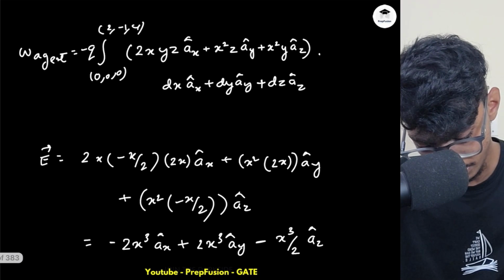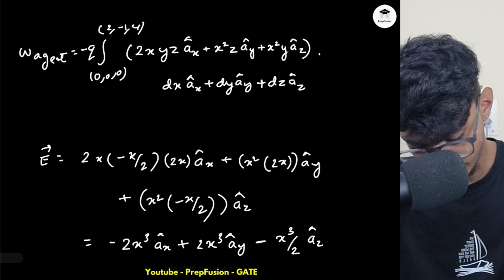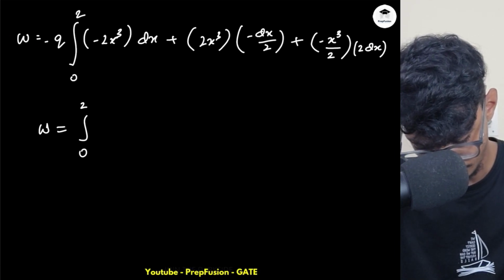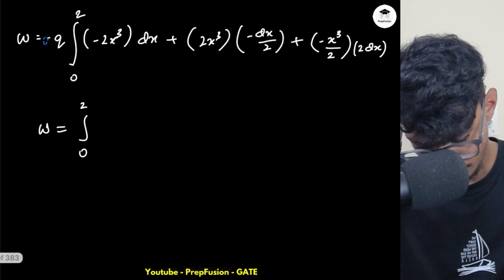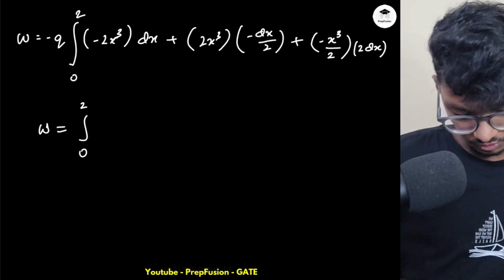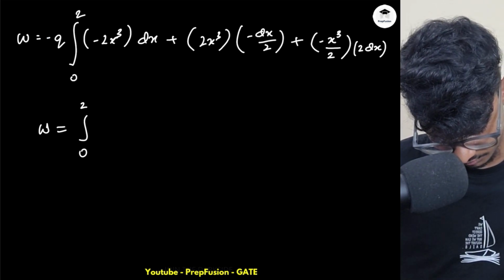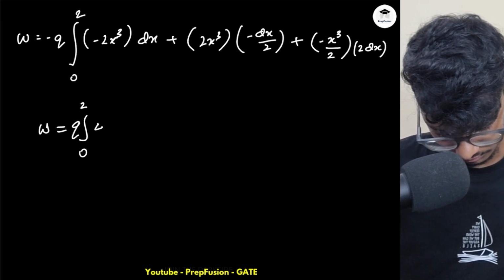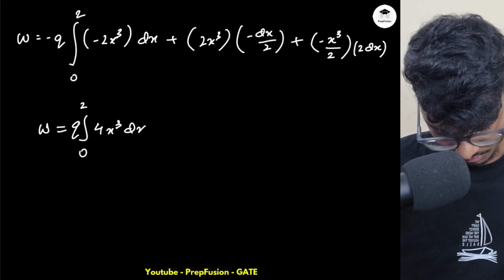At the outside I already had a minus sign as well, minus q. So this becomes total q into 4x cube dx.